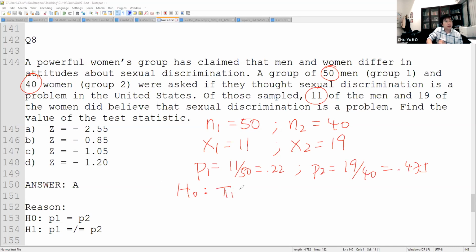So the null hypothesis would be whether pi1 equals pi2, because they claim the attitudes are different. They don't tell you which sign, so it should be pi1 not equal to pi2.